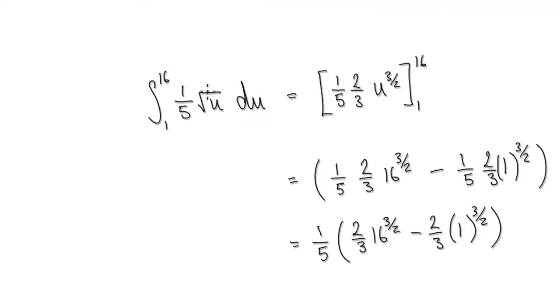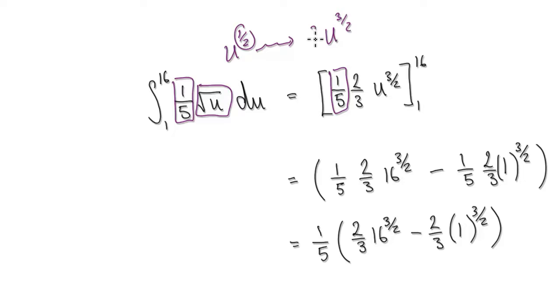When you integrate this, this is just a constant, so leave that alone. And when you integrate this, in your mind picture this thing here. When you integrate it, it goes one notch higher, u to the power 3 over 2, but then you've got to stick this in here. So integrating this gives you this thing here, from 1 to 16.